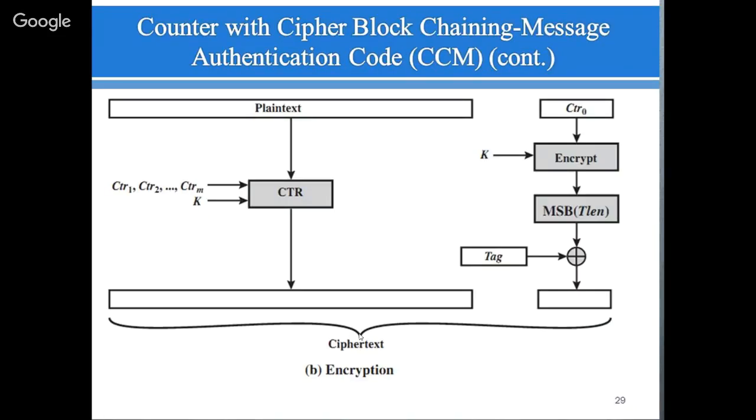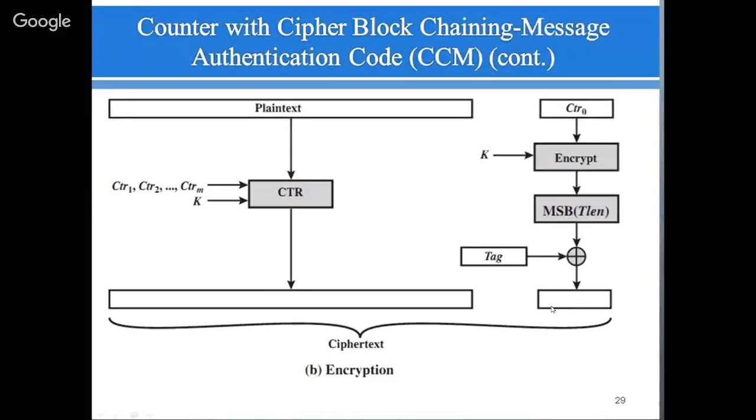Then coming to the encryption part, that is your confidential part. Your plain text is given to a counter, that is, you will have a different counter unit with the key value. It processes the ciphertext, and then it is going to attach your tag value, which is nothing but your authentication tag value. This has been obtained by using a counter value encrypted with the key value. This key stream is XORed with the tag which you got in the previous section.